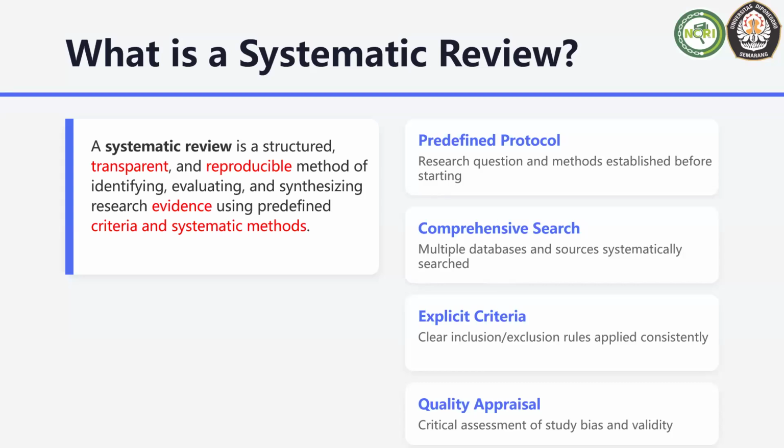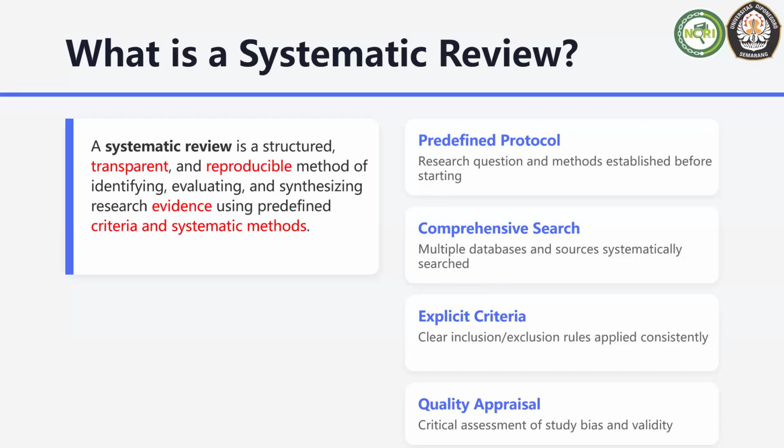It comprises your search terms, your research question, your eligibility criteria, what papers you will include, what papers you will exclude, how you are going to analyze the quality of these papers, how you are going to extract the data, how you are going to analyze it, and how you are going to present it. So that is what we mean by having predefined criteria in a systematic review.